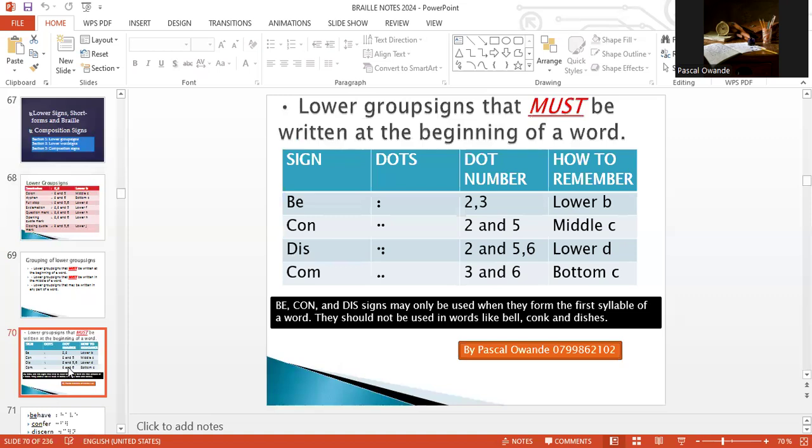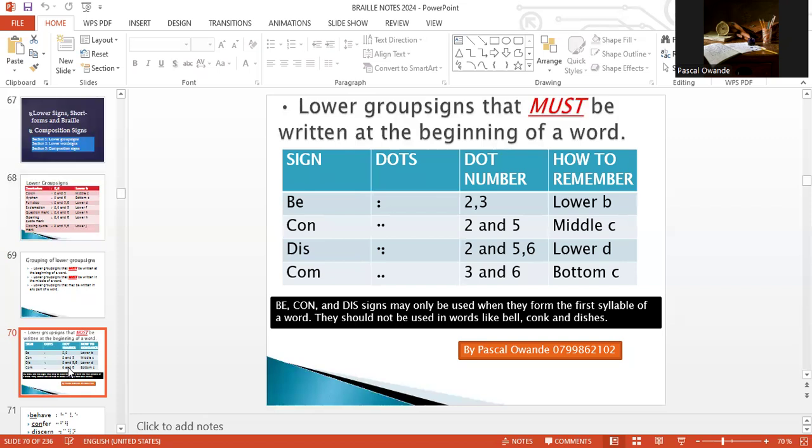The first one is BE, which is dots 2, 3, which is also called lower B. Then we have con, C-O-N, which is dots 2 and 5, which is middle C. We have dis, D-I-S, which is dots 2 and 5-6, which is lower D. We have com, which is dots 3 and 6, which is bottom C.